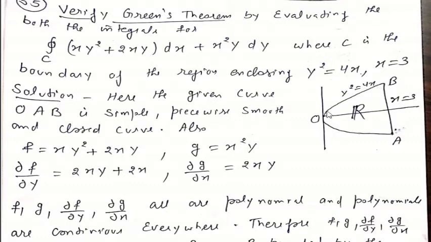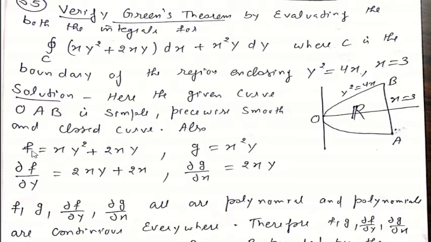From this point to this point it is smooth, and A to B it is all smooth, and there are sharp corners. It is not overall smooth, but in pieces the AB piece and BOA piece both are smooth, so we can say it is piecewise smooth. So the given curve is a simple, piecewise smooth, closed curve.